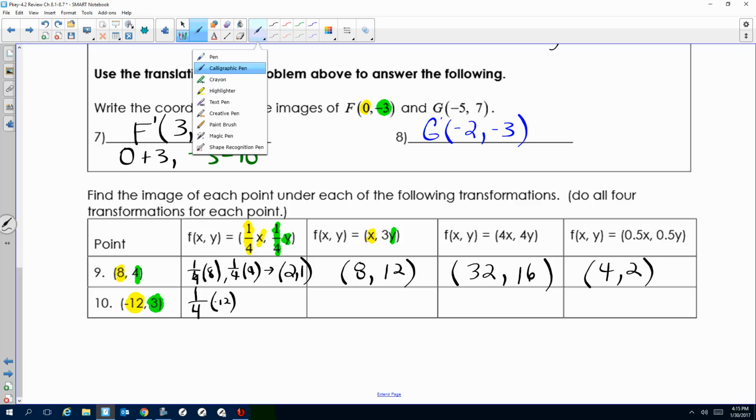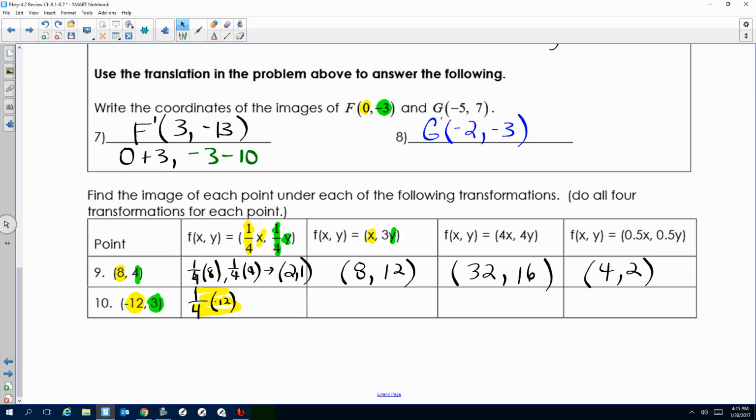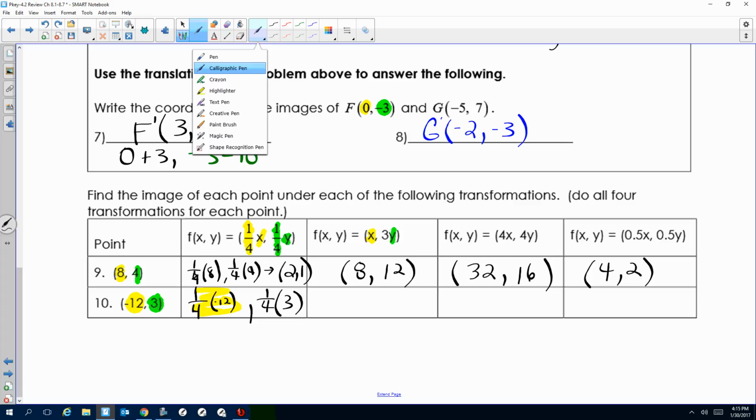That's when we're multiplying just the x coordinate. Then we're going to do 1/4 times 3. And that's when we did our y coordinates.